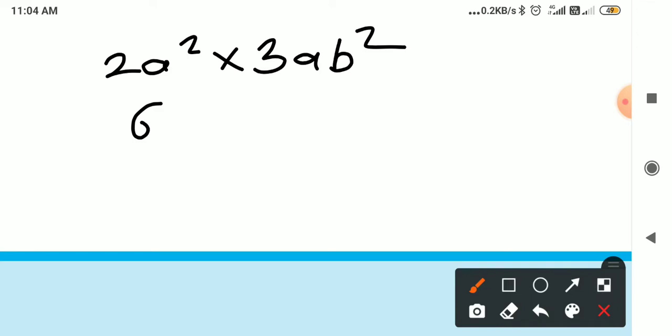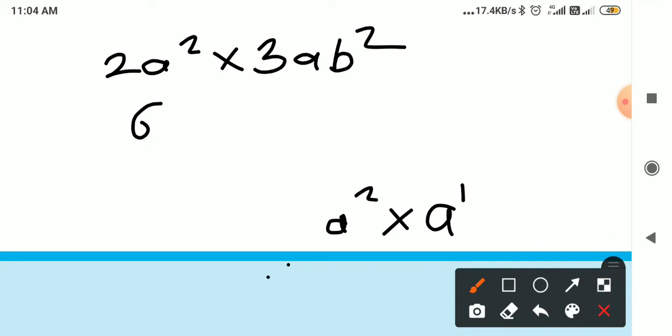Now here a square and a are there. Now here we have to follow the indices rule. So here the base is the same, a raised to 2 into a. If a single a is there, its index is 1, that I taught you in the indices lesson.